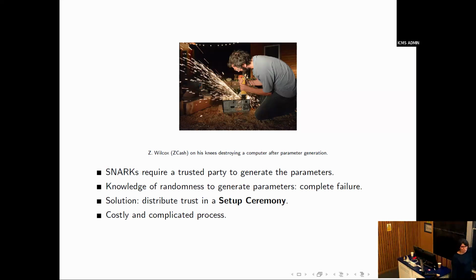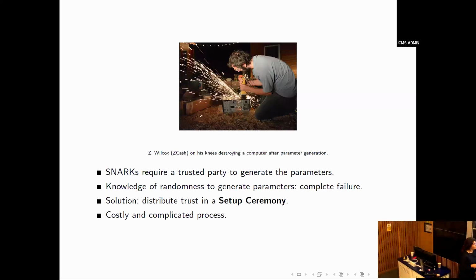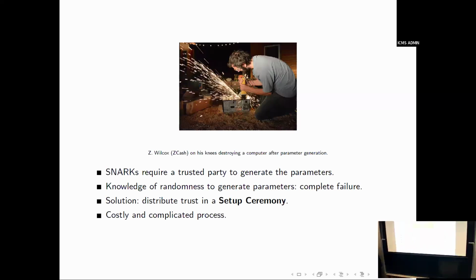It also means many people have to participate. If you use traditional MPC protocols, people have to be online during the whole protocol and so on. So it's a costly and complicated process. This is something that you don't want to do a lot. In particular, you don't want to do it every time you update your circuit, which is the problem.